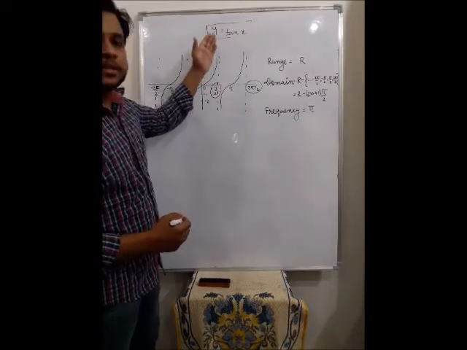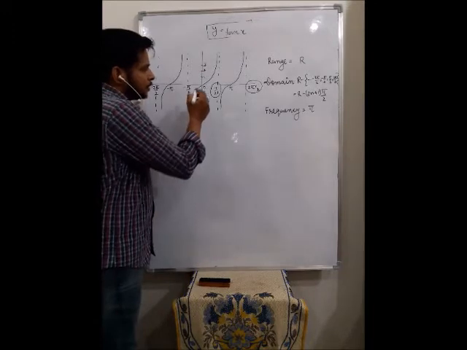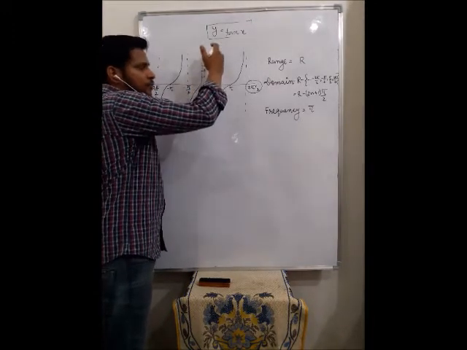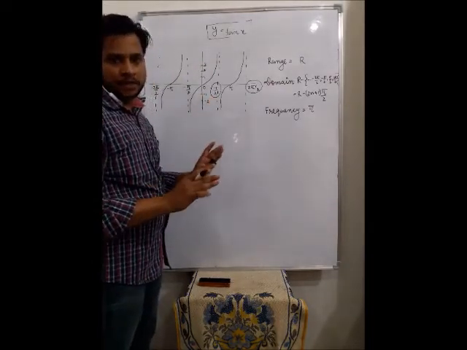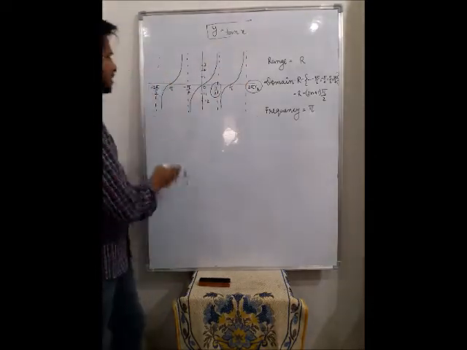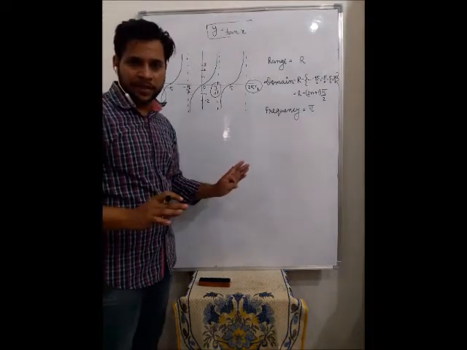This is the graphical representation of tan function. Now, as you can see, the value of function is 0 at 0 degree and increases onwards. But at pi by 2, it is not defined. So at pi by 2, 3 pi by 2, and similarly at minus pi by 2, minus 3 pi by 2, tan function is not defined.